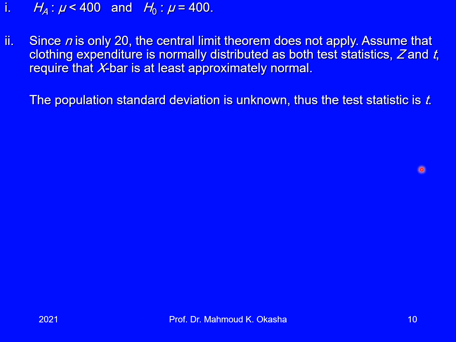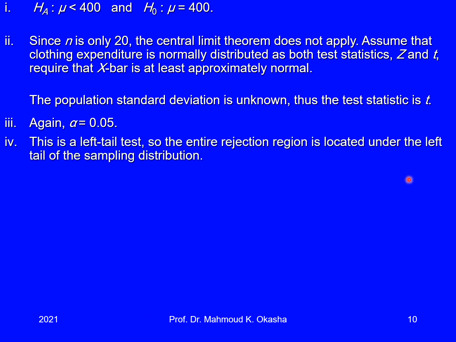In the third step, alpha equals 5% or 0.05. As the alternative hypothesis has the less than sign, the rejection region is on one side, a left tail test, so we do not divide alpha, we keep it as it is.